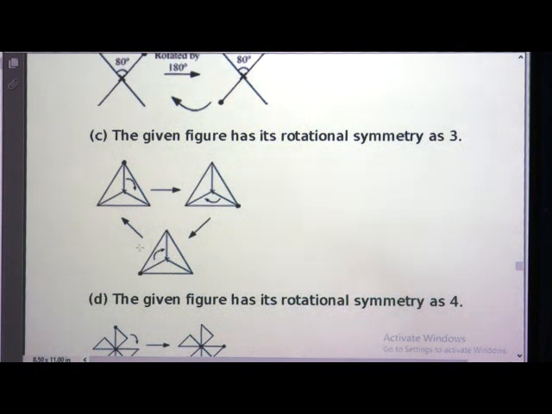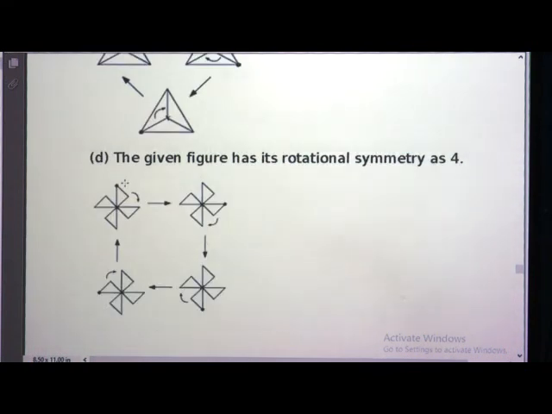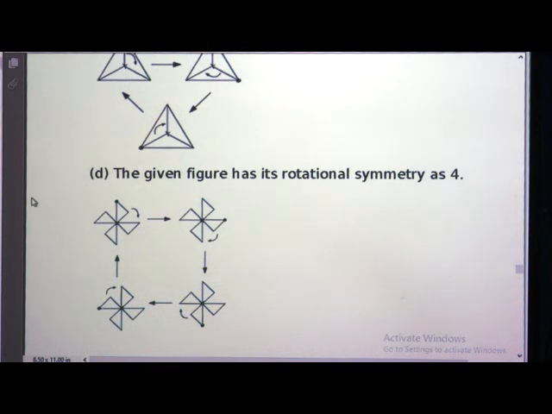It is an equilateral triangle, just we had drawn this, divide this triangle into 3 equal parts, where already the center of this triangle is given by putting a small cross. By that we have found the rotational symmetry as 3. Here the given figure has a 4 rotational symmetry, which is the example of a spinning wheel.